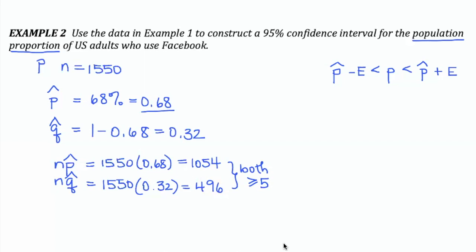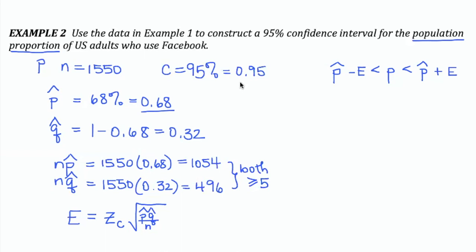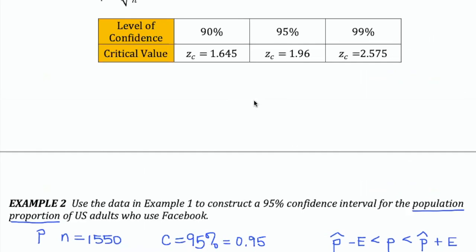So we are allowed to go ahead and calculate the margin of error for the standard normal distribution using capital E equals our critical z-score times the square root of p hat q hat divided by n. Our critical value, remember, if we want our confidence level to be 95% or 0.95, I go back to the table that we just saw a moment ago right here, and my critical z-score is 1.96.